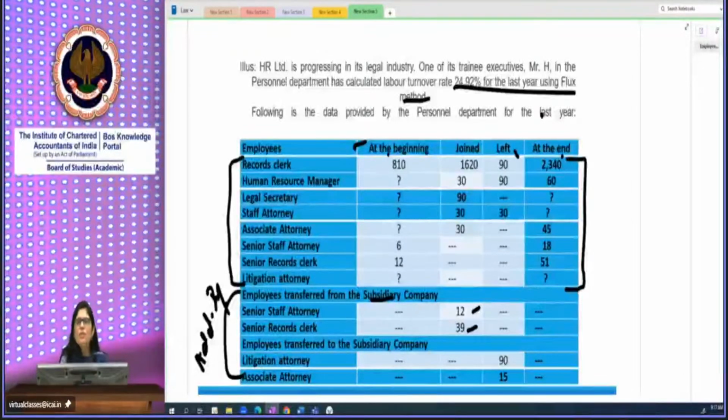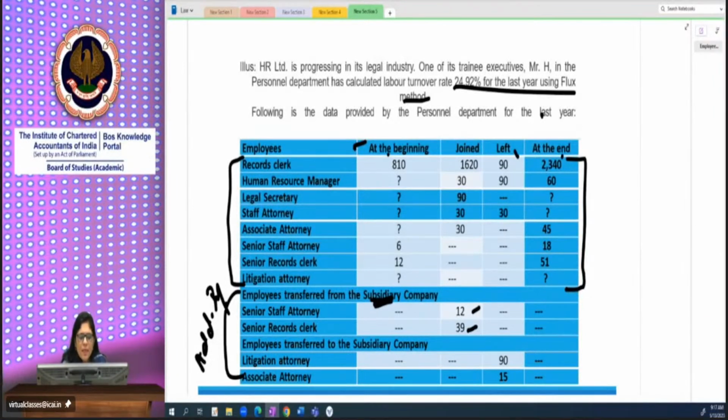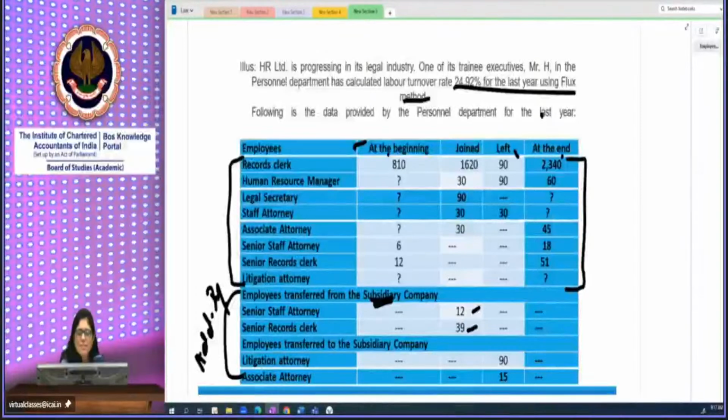They are actually not newly recruited, but they have been transferred from the subsidiary company. Clear? Employees transferred to the subsidiary company have been shown under left. Left means they have been shifted to the subsidiary company. That's why they have been shown as left here.